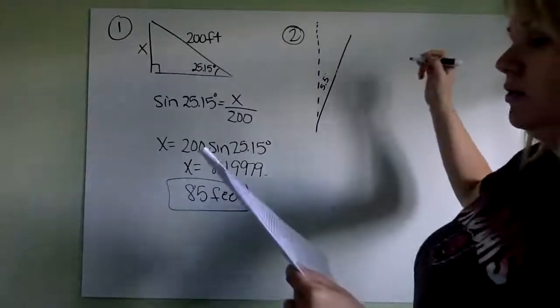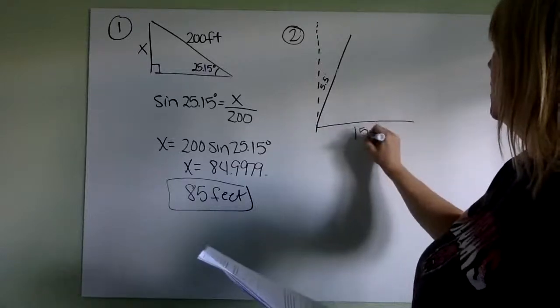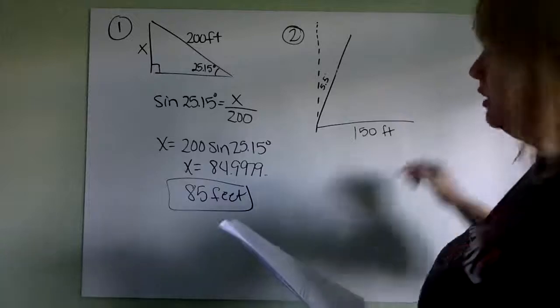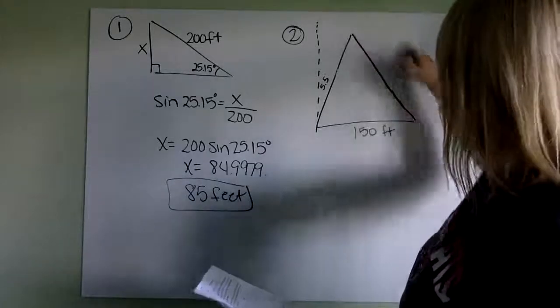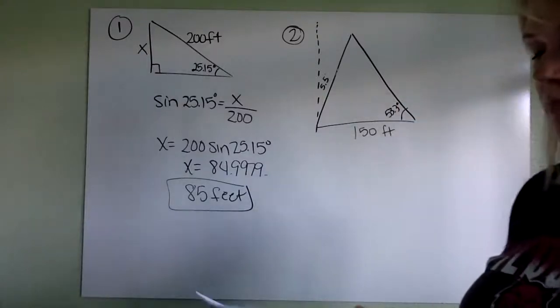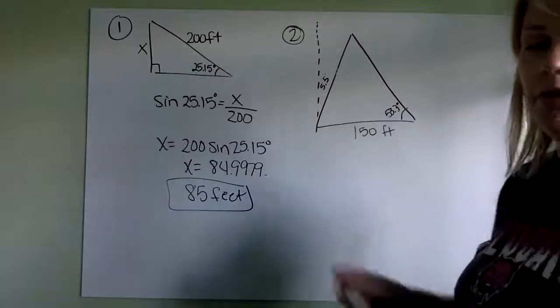When the top of the tower is viewed from a point 150 feet from the center of its base, the angle of elevation, so now we have a triangle, is 53.3 degrees. Find how high the top of the tower is above the ground level.